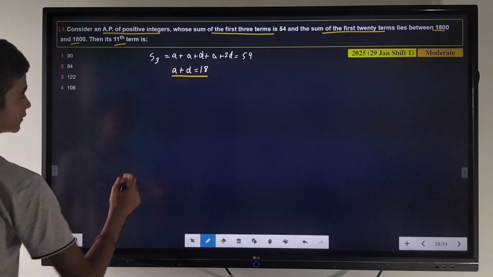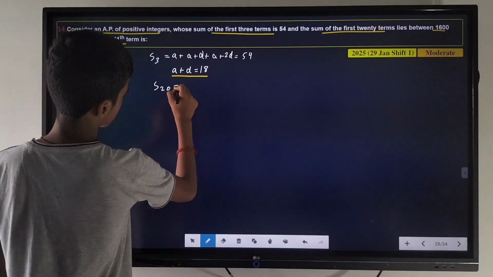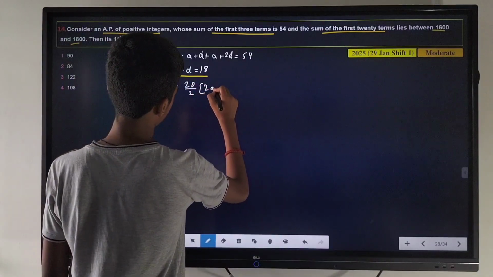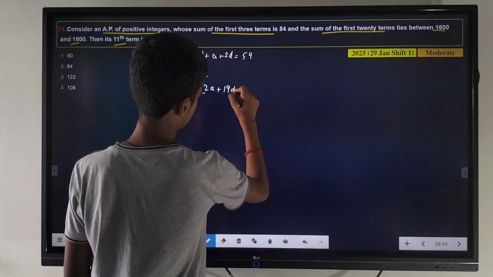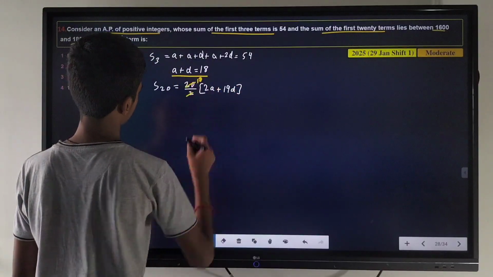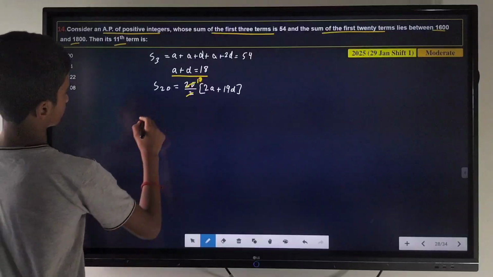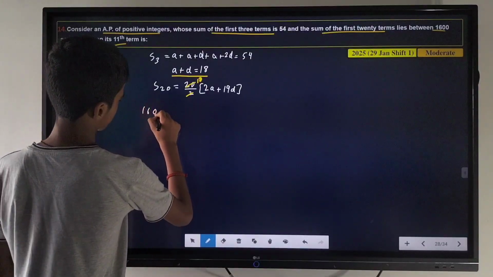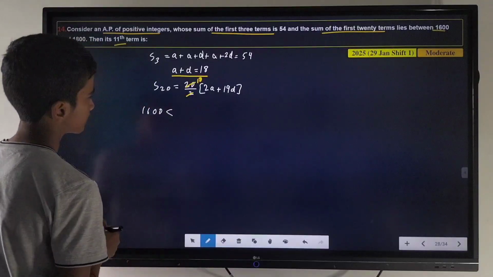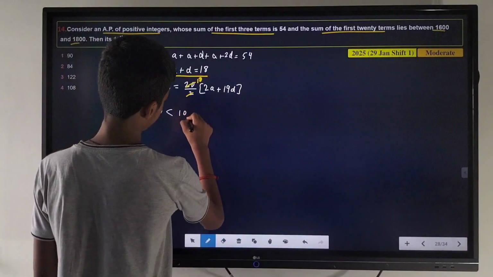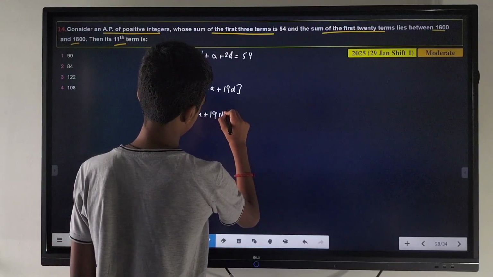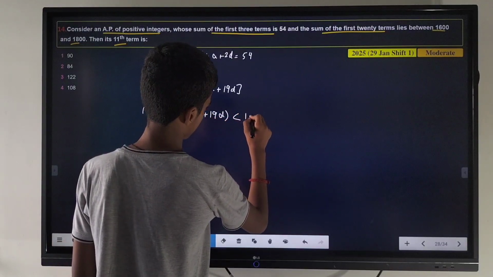And sum of first 20 terms is equal to 20 upon 2 into 2a plus 19d. 2 will cancel 20 10 times. Now, as the sum of 20 terms lies between 1600 and 1800, 1600 is less than 10 times 2a plus 19d and less than 1800.